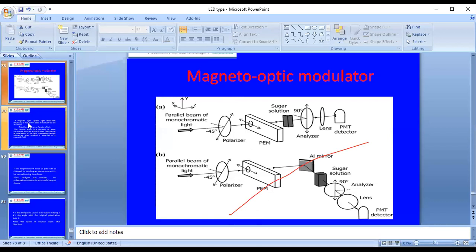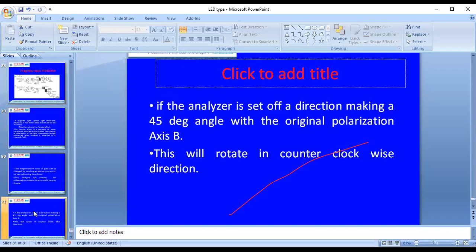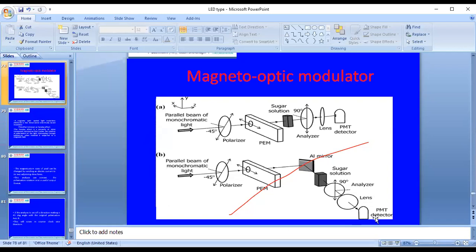Then that angle of rotation will be in the counterclockwise direction. So by changing the magnetic field in this magneto-optic modulator, it will rotate in the counterclockwise direction. And that output will be detected by the photomultiplier tube.